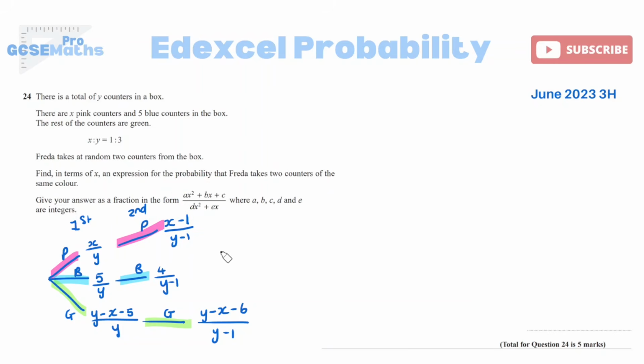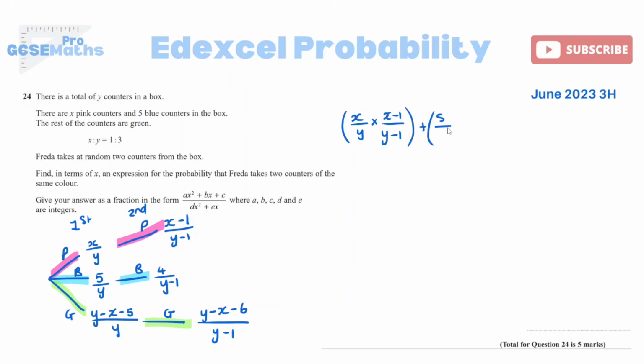So now we need to put it together again. When we work between the branches in a tree, we multiply, don't we? So I'm going to come up here, I've got some space. So pink would be x over y multiplied by x minus 1 over y minus 1. Now, that's one option. Blue is another, green is another. Technically, you'd then add them all together, wouldn't you? So we're going to put plus blue.